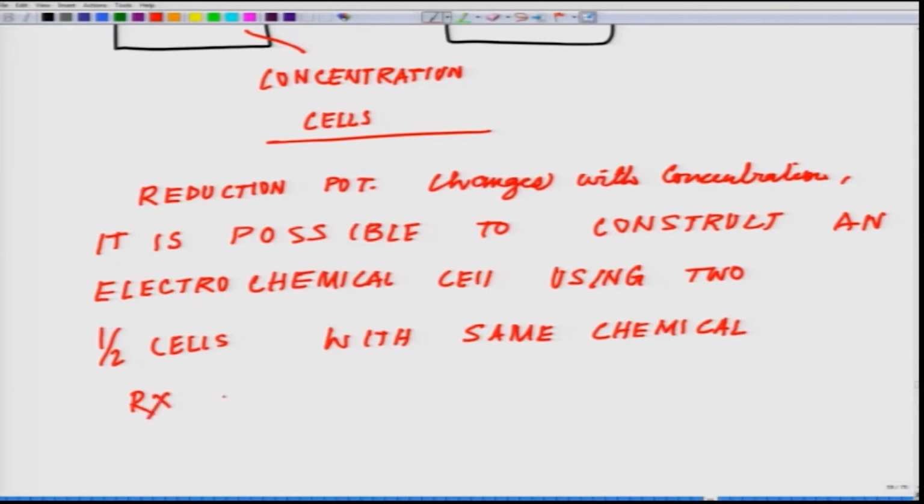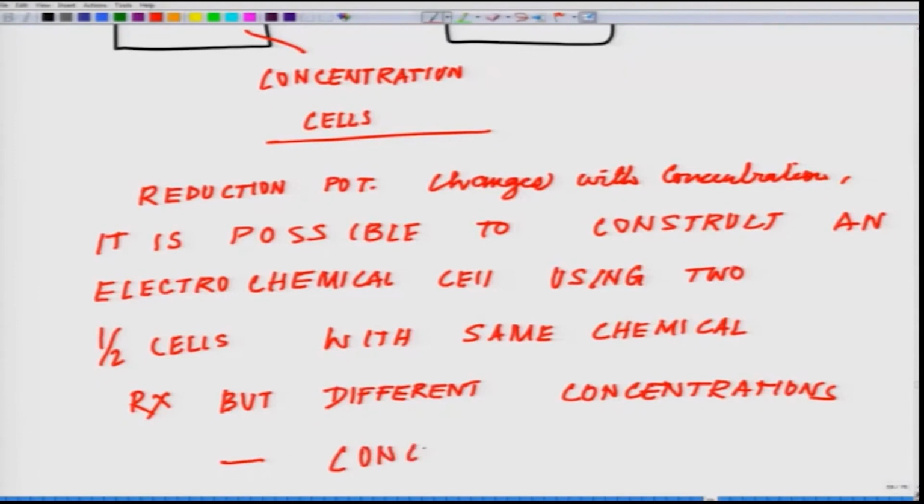The reaction is the same, but the concentrations are different, and such cells are called concentration cells. Today our journey will go from concentration cells to the bioelectrochemistry of nerve and ion channels. That is what we are going to proceed with.